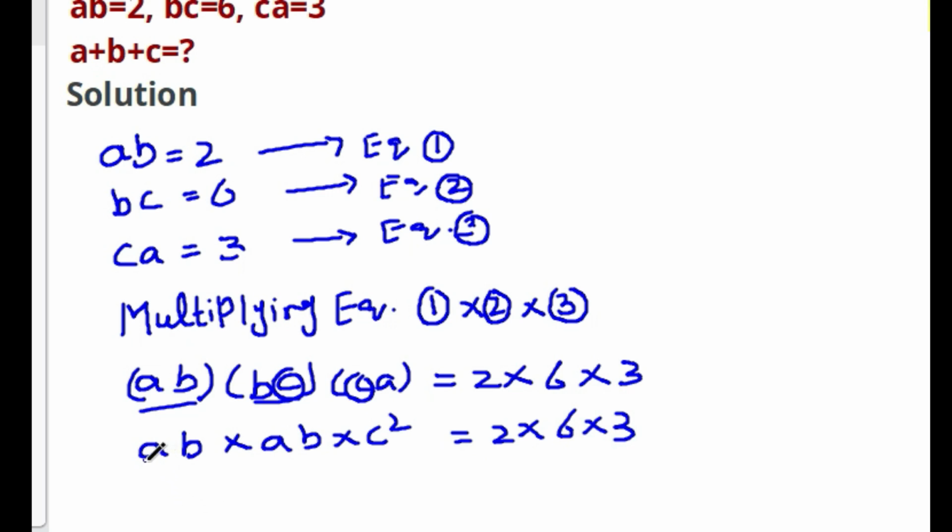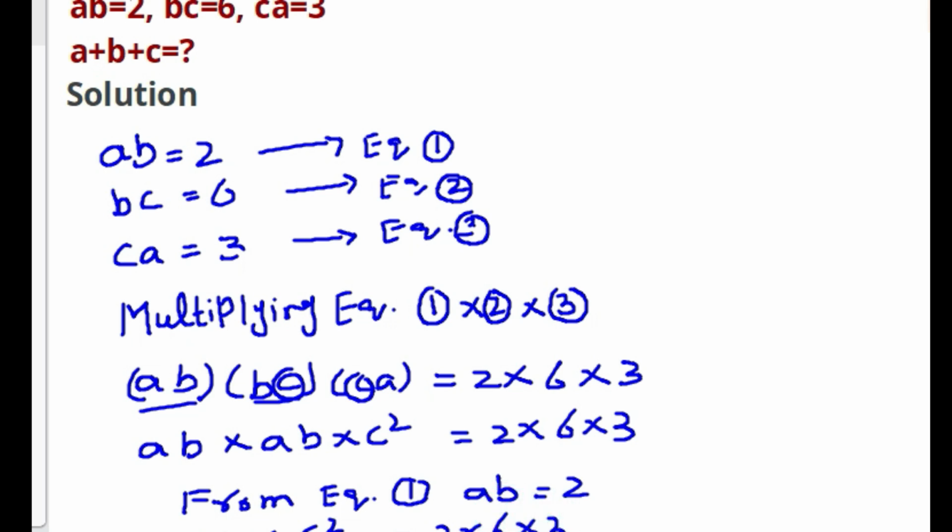Now put the value of AB from equation number 1. AB is equal to 2. Here we will put AB is equal to 2, so 2 into 2 into C square is equal to 2 into 6 into 3.